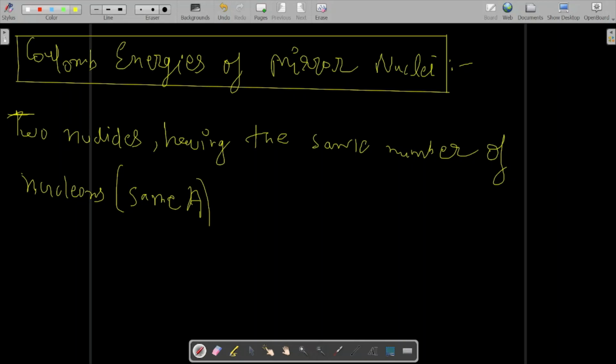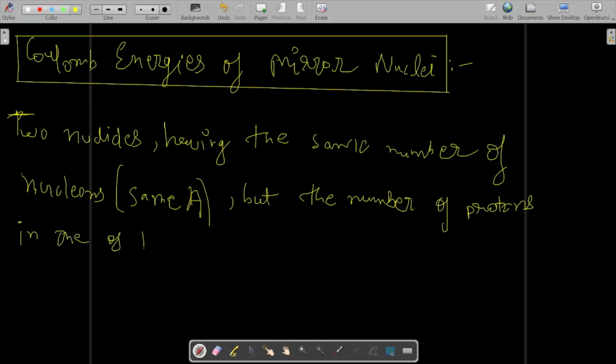The number of protons in one of them is equal to the number of neutrons in the other.